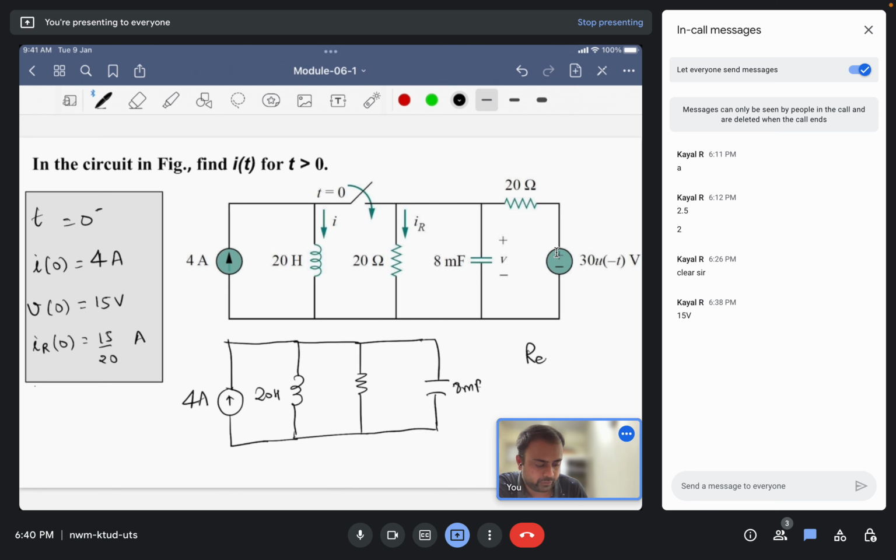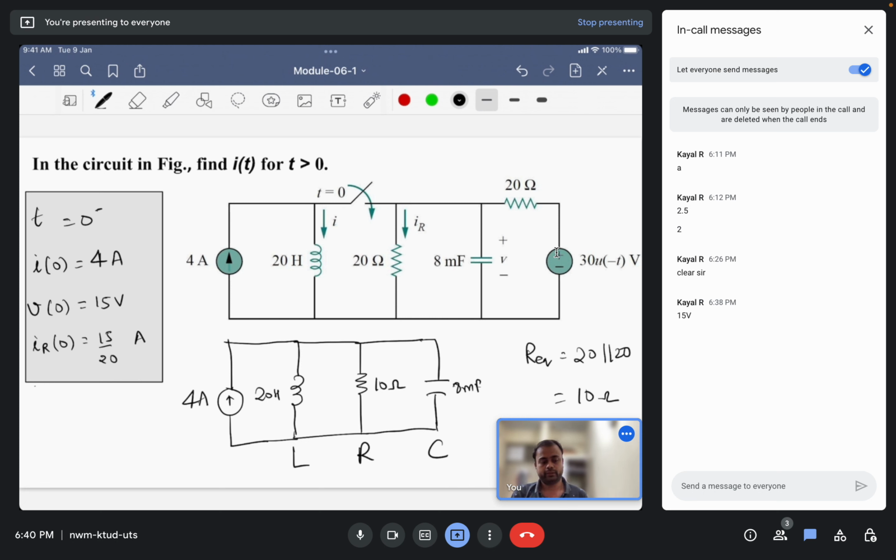So R equivalent will be 20 ohm parallel with 20 ohm, that is 10 ohms. So 10 ohm will be the resistance. Now this is a classic example of an RLC circuit. This is L, this is R, and this is C. These are the three components.